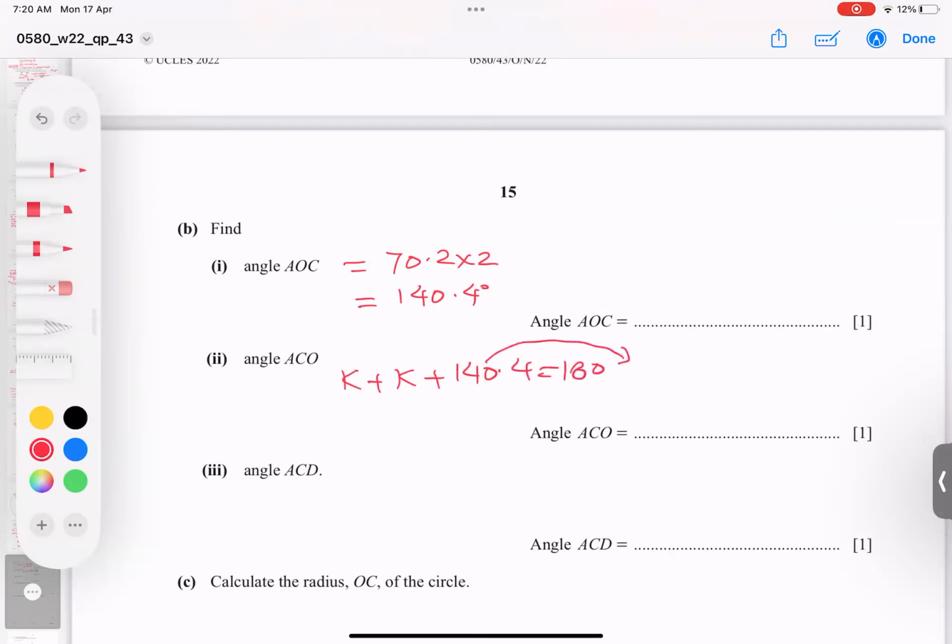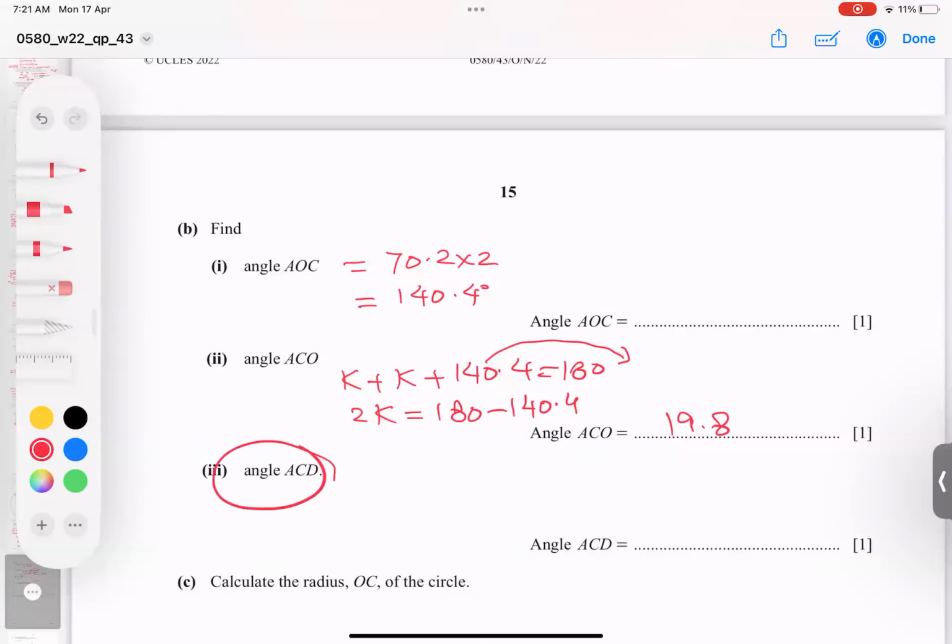This goes there and subtract, and K plus K gives 2K. Type it in the calculator and divide by 2. When I divide by 2, the answer is 19.8.